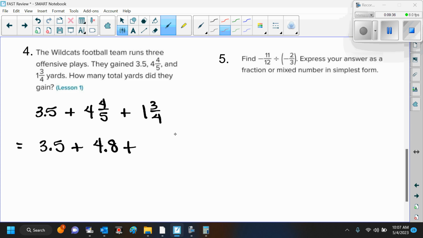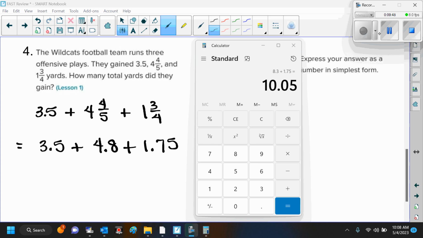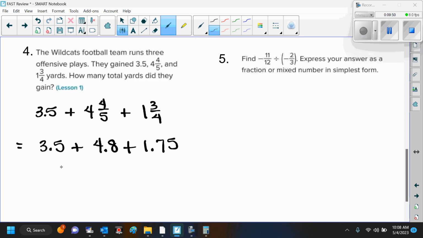Oh, we already know that one is 0.75, right? Okay, so this one is going to be 1.75. And now you can just add with your calculator. Right, so here we have 10.05. And what are my units? Yards. Very good.